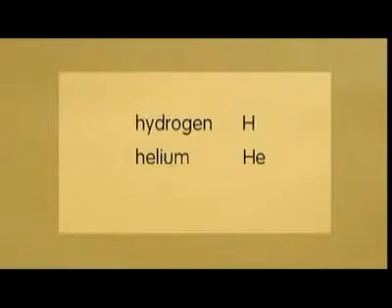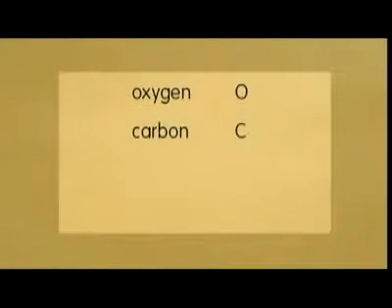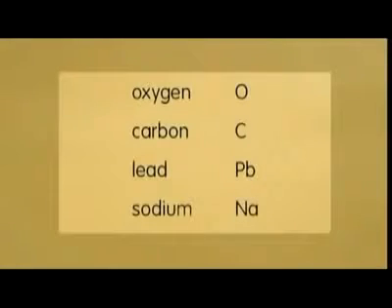Notice that with abbreviations of elements, the first letter is always a capital and the others are always small. See if you can guess these ones. Oxygen, that's O, and carbon is C. But they're not always that easy. Lead is Pb, and sodium is Na.